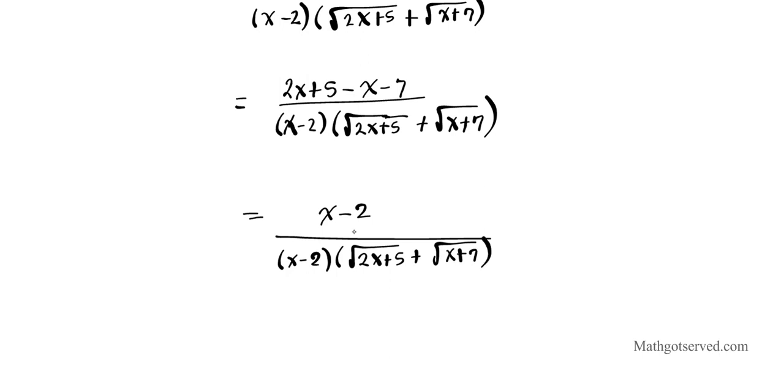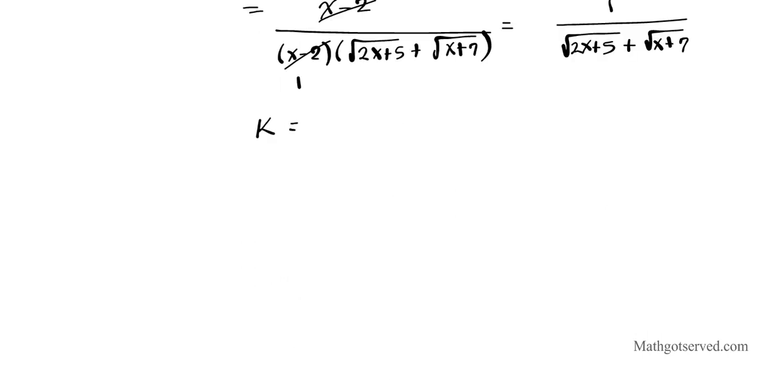Now x minus 2 goes here and x minus 2 goes here, so you're left with 1 over the square root of 2x plus 5 plus the square root of x plus 7. This is the k value that we want k to assume in order to fill that removable discontinuity.